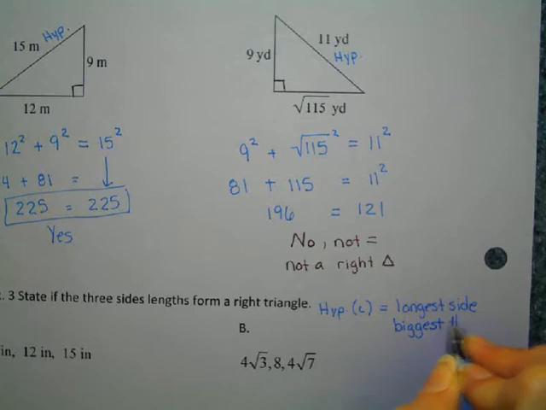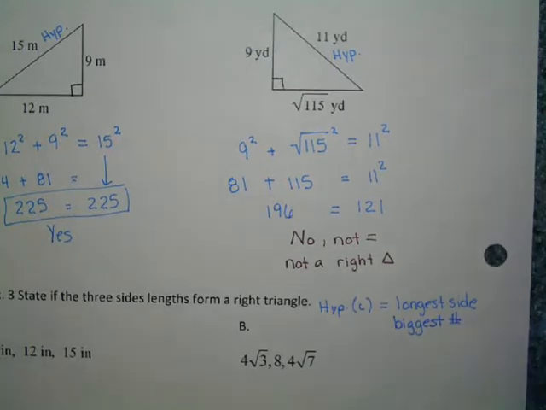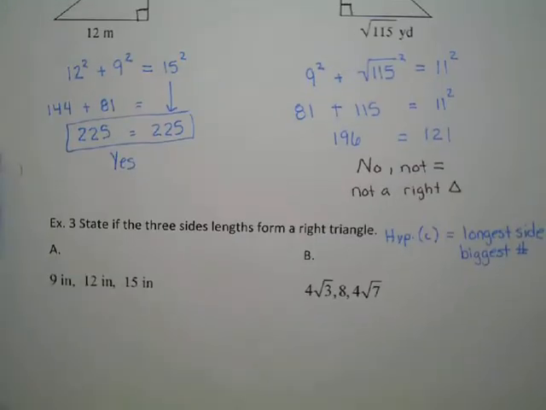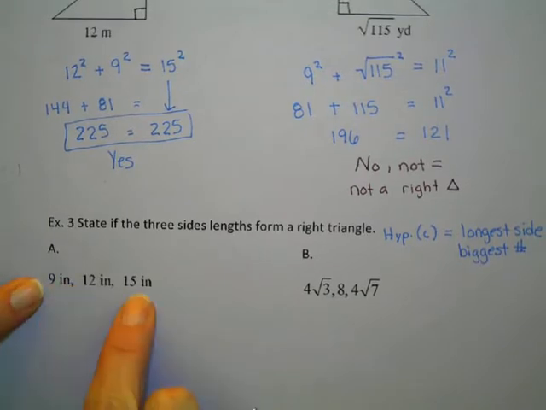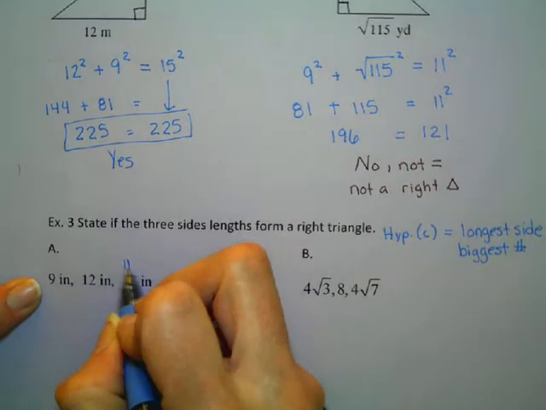Now most of the time they put these numbers in order, but I can't guarantee they always will, so to help recognize 9, 12, and 15, 15 is the biggest number, so this is going to be your hypotenuse.